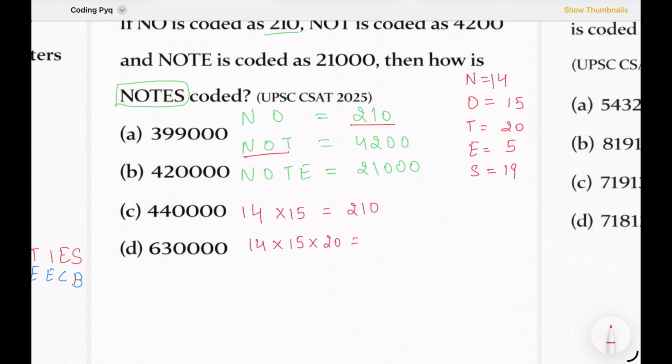If we multiply 14 by 15 and then by 20, we get 4200. Next is "note," that is N, O, T on 20 and E on 5. If we multiply by 5, then it will be 21,000.